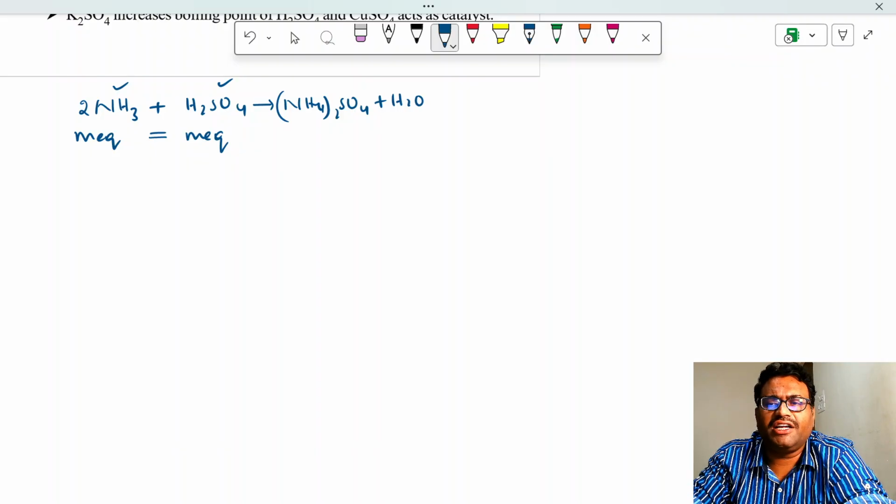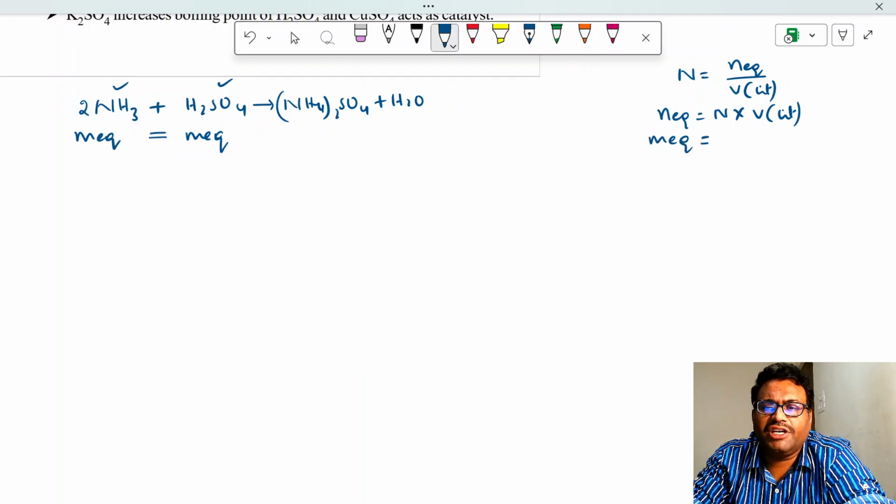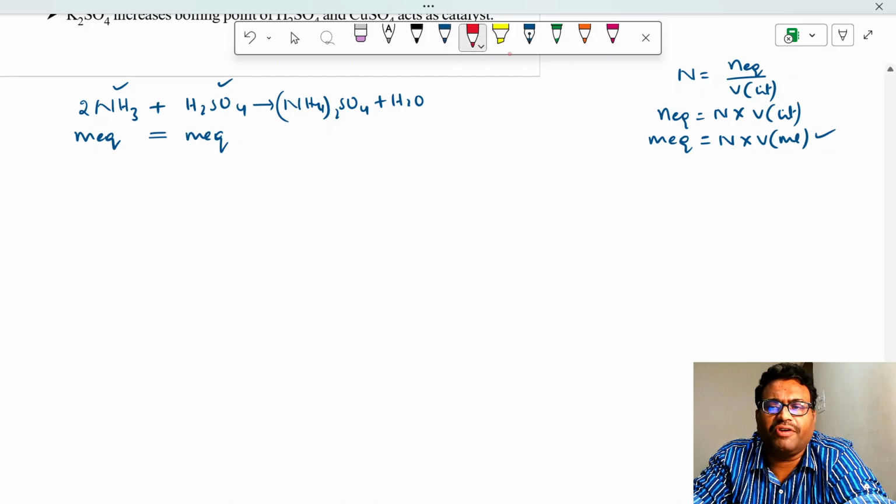And we know a formula that normality is equal to number of equivalents by volume expressed in liters. Number of equivalents is equal to normality into volume in liters. Milliequivalents is equal to normality into volume expressed in milliliters. This formula we want.